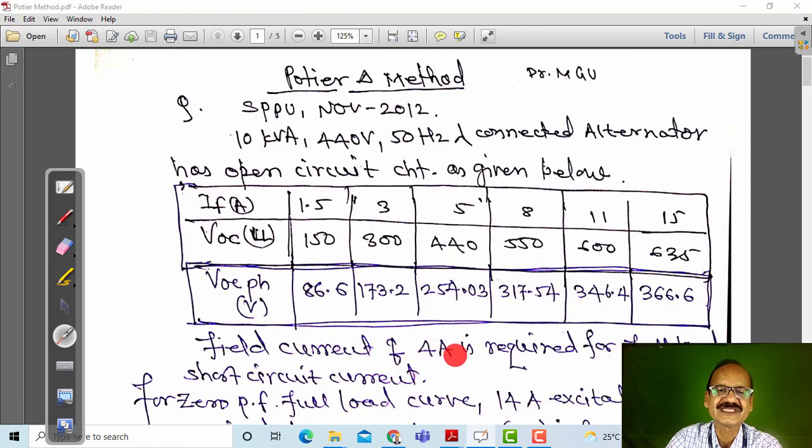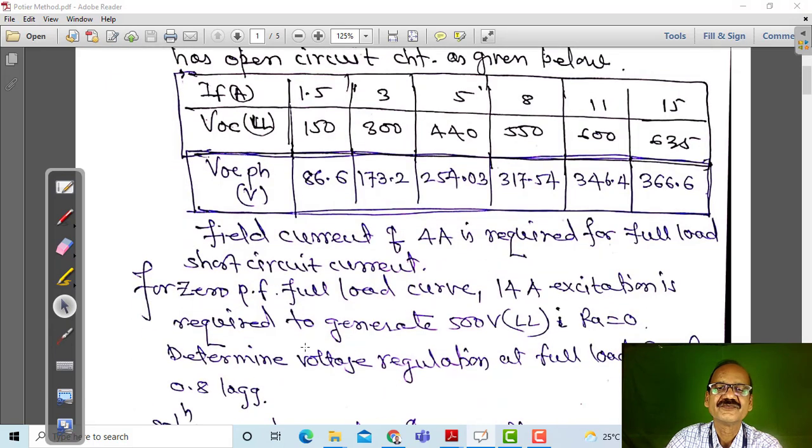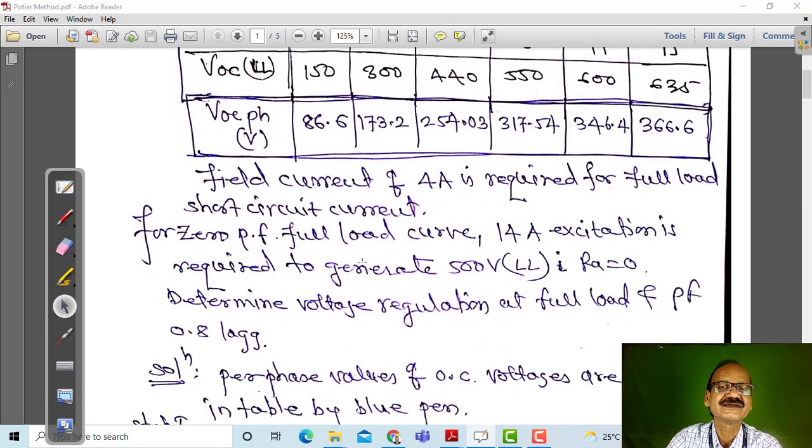That means we can obtain the point A from this information, that is, the coordinates of point A are 4, 0. And for the 0 power factor full load curve, 14 ampere excitation is required to generate 500 volt line to line value.